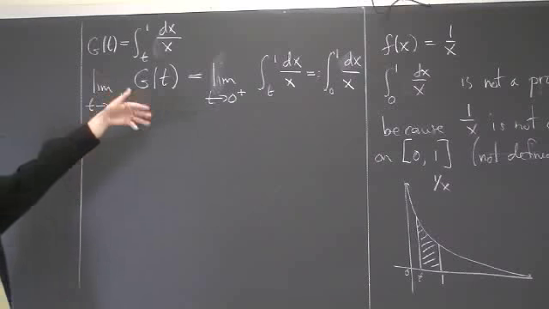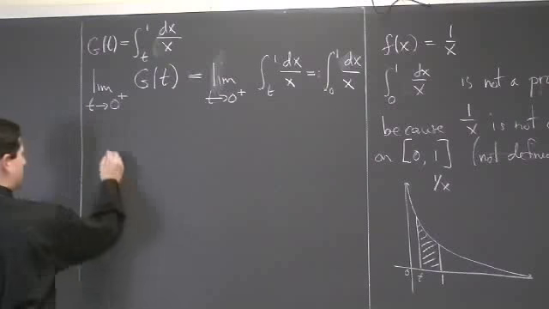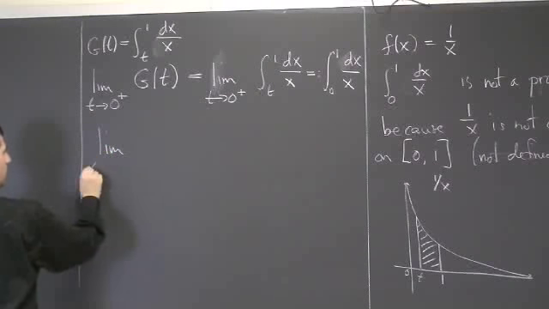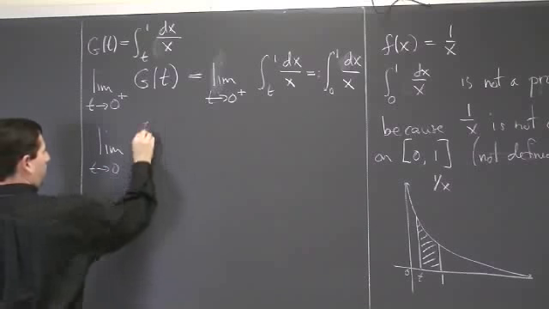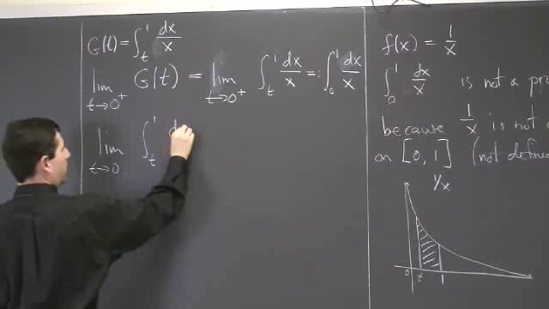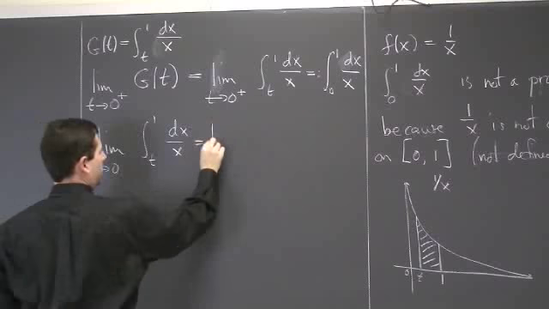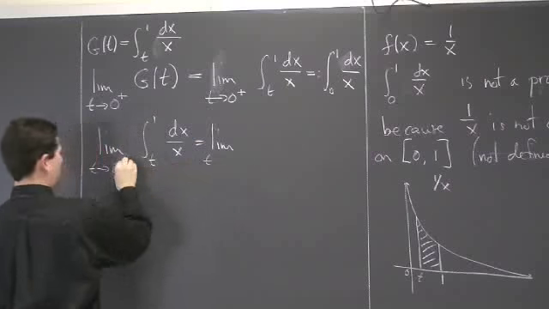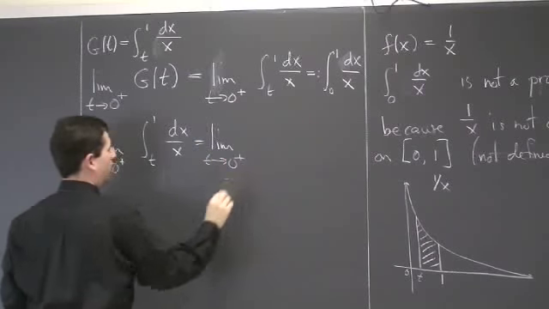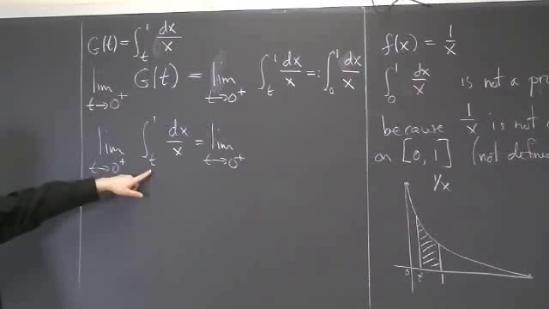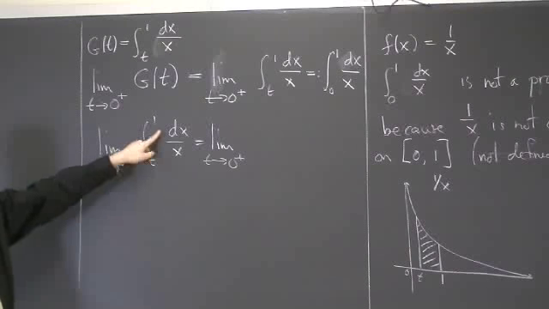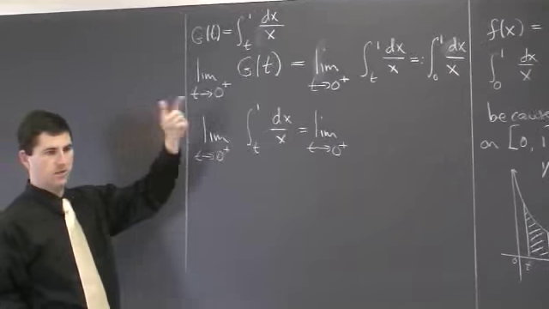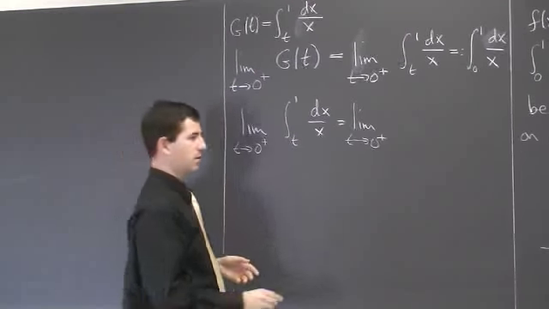Okay. So in this case, we can actually do the computation. So we integrate from t to 1. Oops, need our plus. Now let's see what happens here. We need an antiderivative for 1 over x. We did this yesterday, remember, it's ln of x.